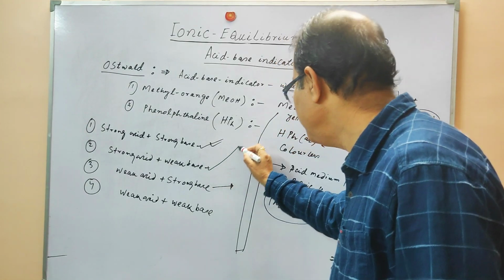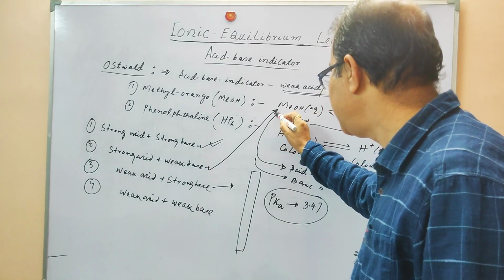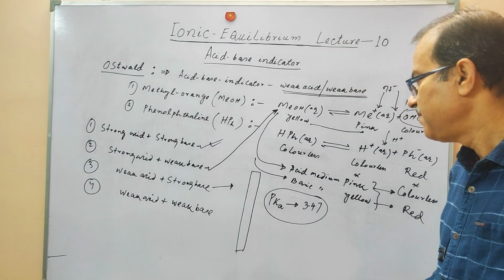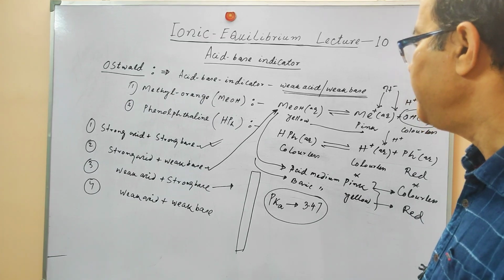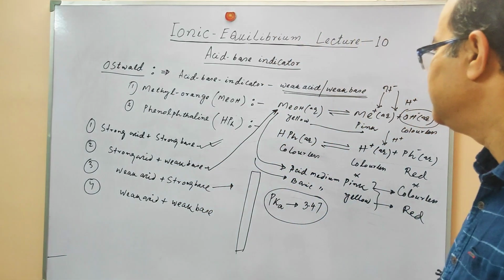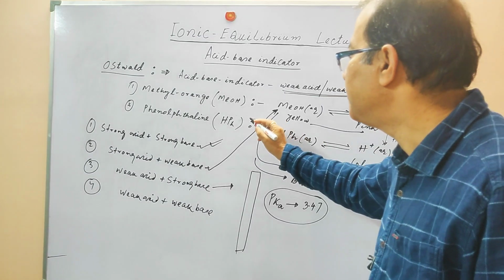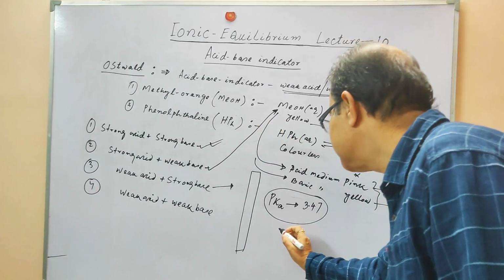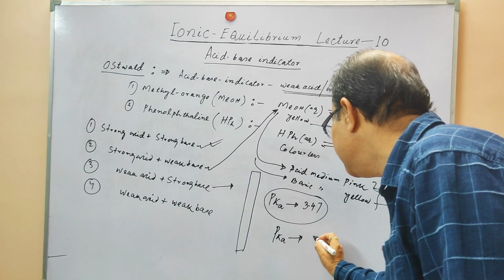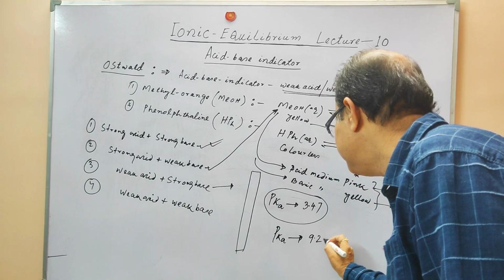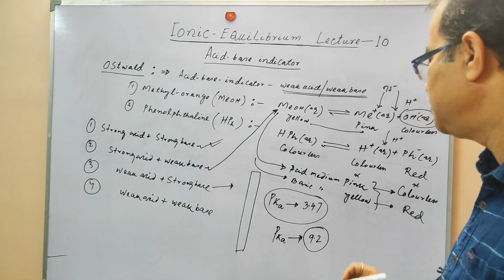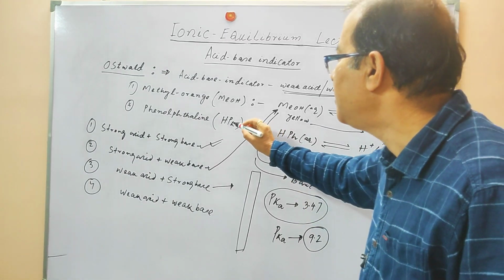At that time, we will use methyl orange. When it is weak acid and strong base, then we will use phenolphthalein because its pK value is around 9.2 something.